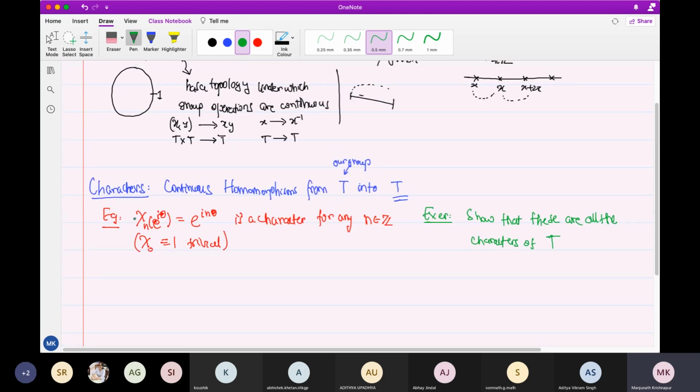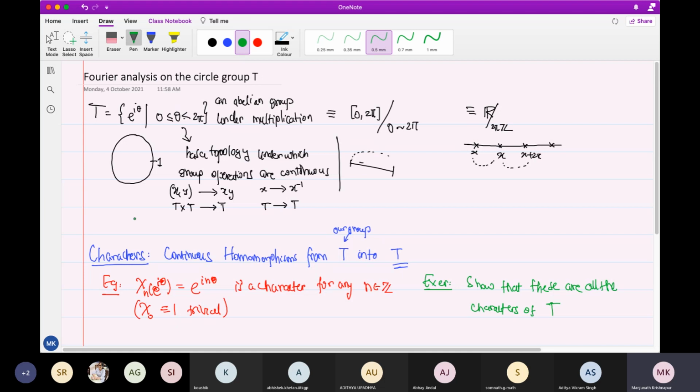So, like with the finite case, what was it that we did in the finite abelian group case?